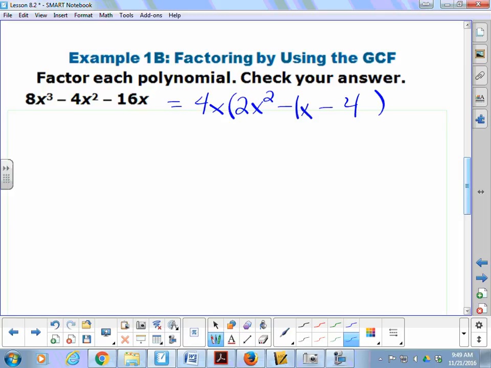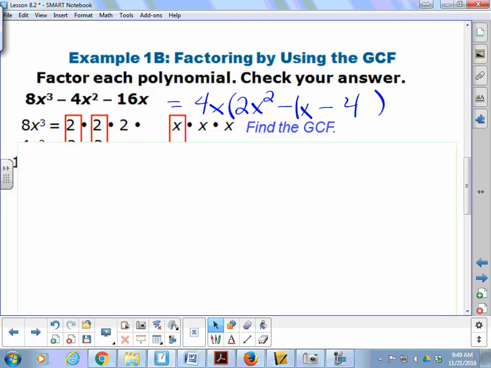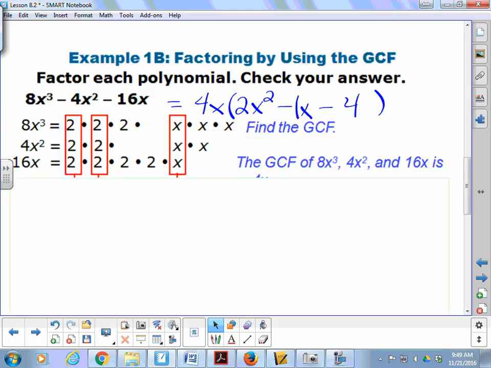All right, but let's look at it with the prime factorization. If I factor all 3 of them, write the prime factorization for all 3 of them. The prime factorization of 8x cubed is 2 times 2 times 2 times x times x times x.